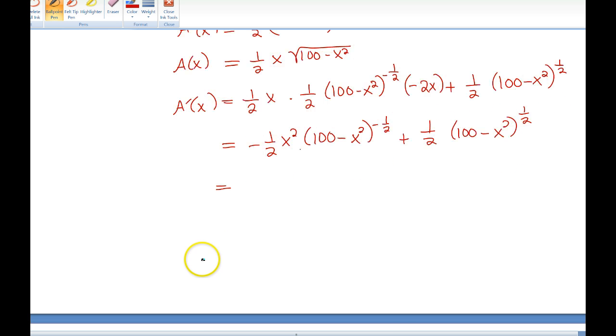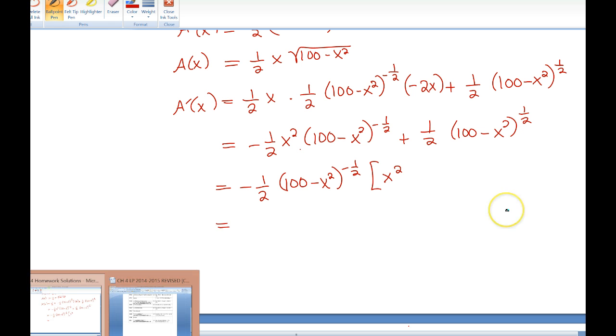Let's factor out a negative 1/2 and 100 minus x squared to the negative 1/2 power. We're left with an x squared minus 100 minus x squared.